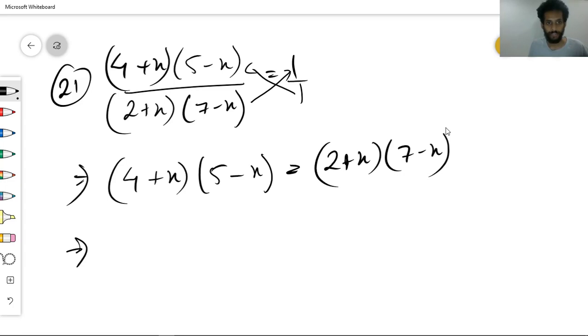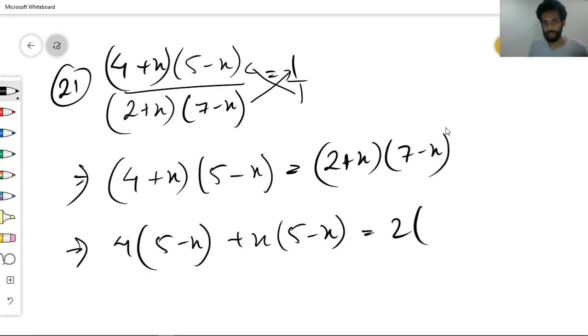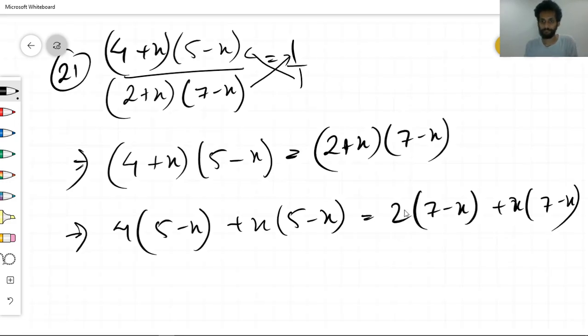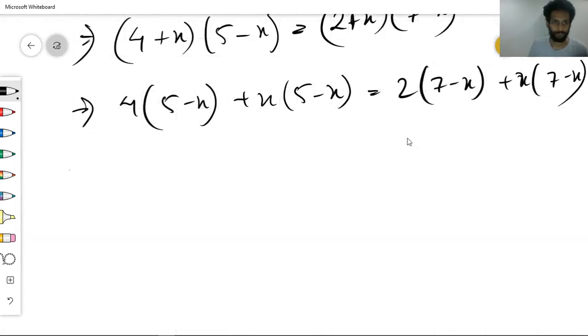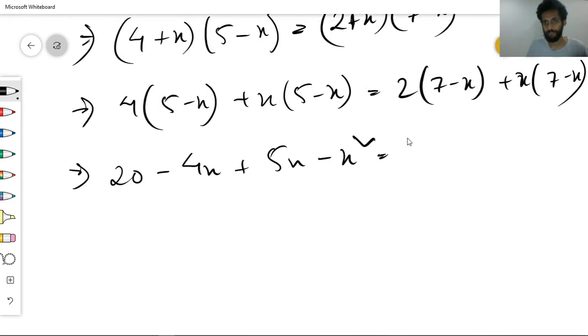So now here it will be 4 plus x times 5 minus x, and 2 plus x times 7 minus x. Okay. 20 minus 4x plus 5x minus x square. So it will be 14 minus 2x plus 7x minus x square.